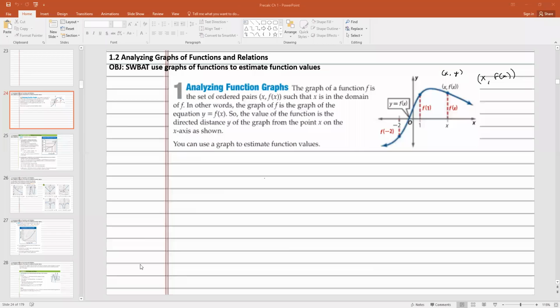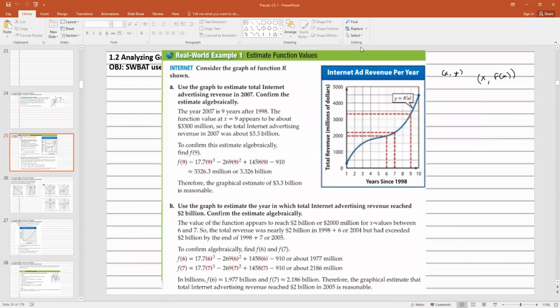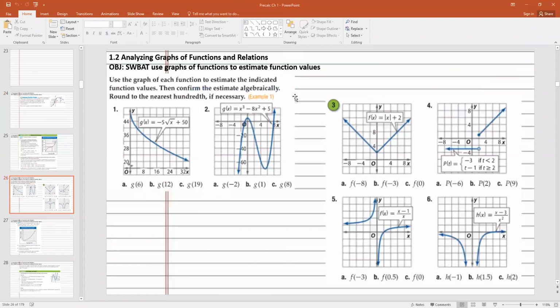Let's put down the notes. Here we go. Notes. So use the graph of each function to estimate the indicated function values, then confirm the estimates algebraically, rounding to the nearest hundredth if necessary.